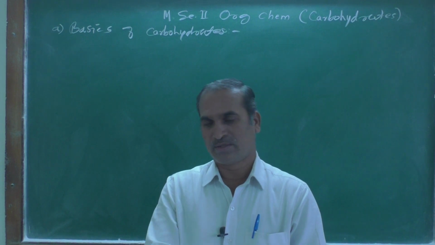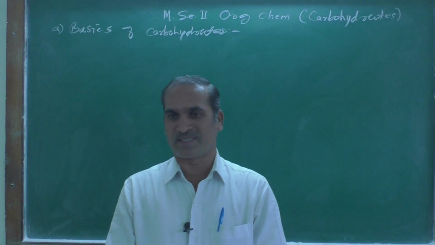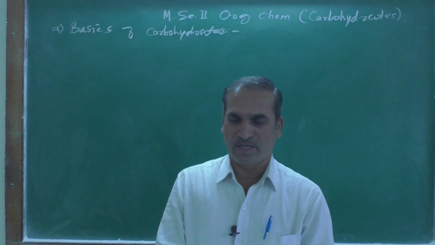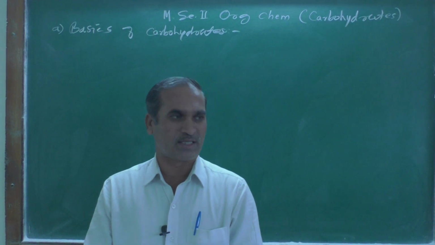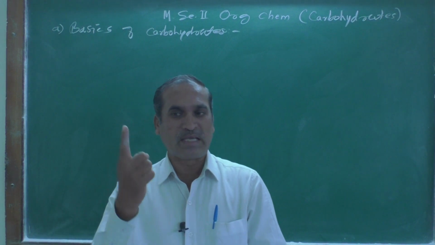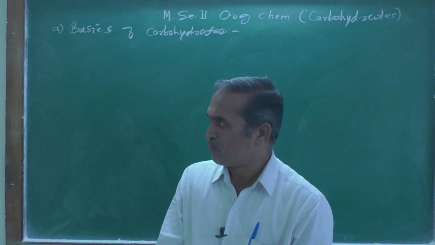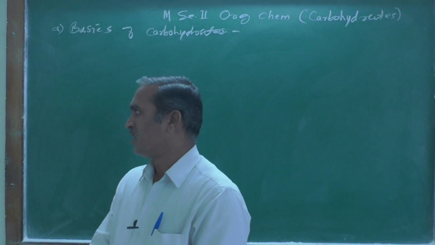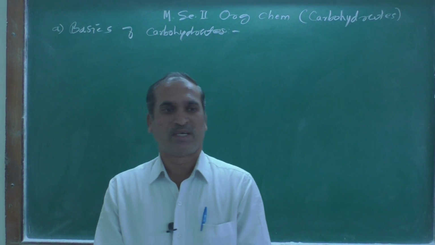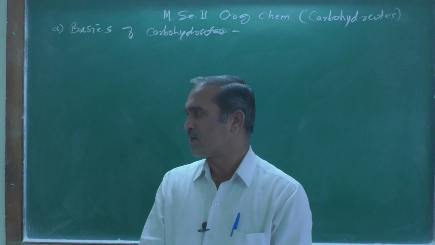If a ketone group is present in the carbohydrate, then we call it a ketose. In addition to that, the IUPAC name is also given on the basis of the number of carbon atoms present in the carbohydrate.